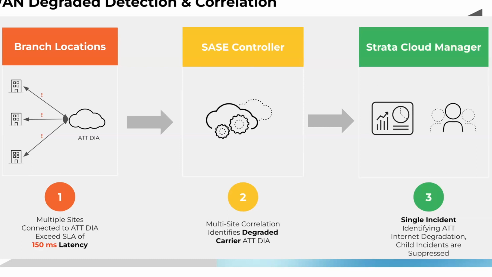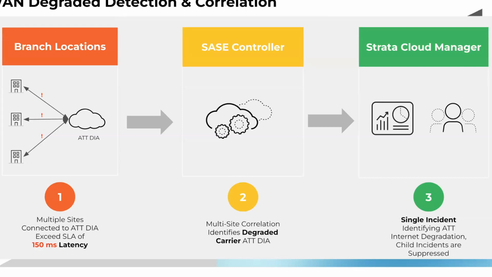So in that case, what happens is each branch site will generate its own individual incident that all gets sent to the cloud controller. And the cloud controller in real time says, okay, looks like I've got 100 different sites with this carrier, in this case, AT&T Direct Internet, violating the SLA of 150 milliseconds of latency. So what the controller does on the fly is consolidate all these incidents.